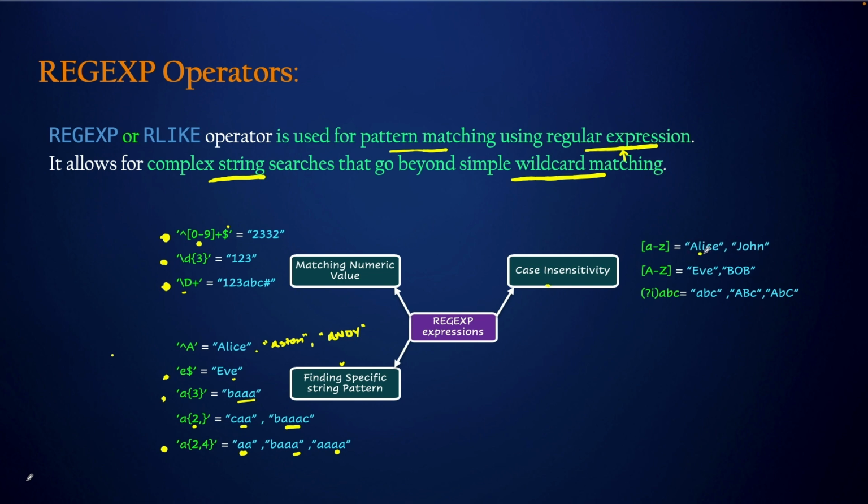So here you have A, L, I, C, E. Here you will have J, O, H, N. But if you have all caps letters, J, capital O, and capital N, this string will not be detected since all the letters are capital. You need to have at least one of them in lowercase.